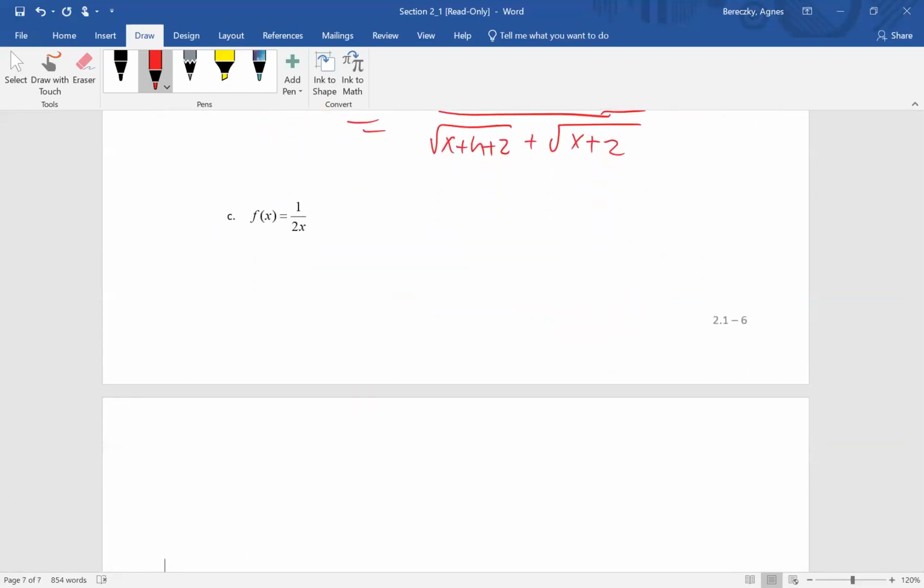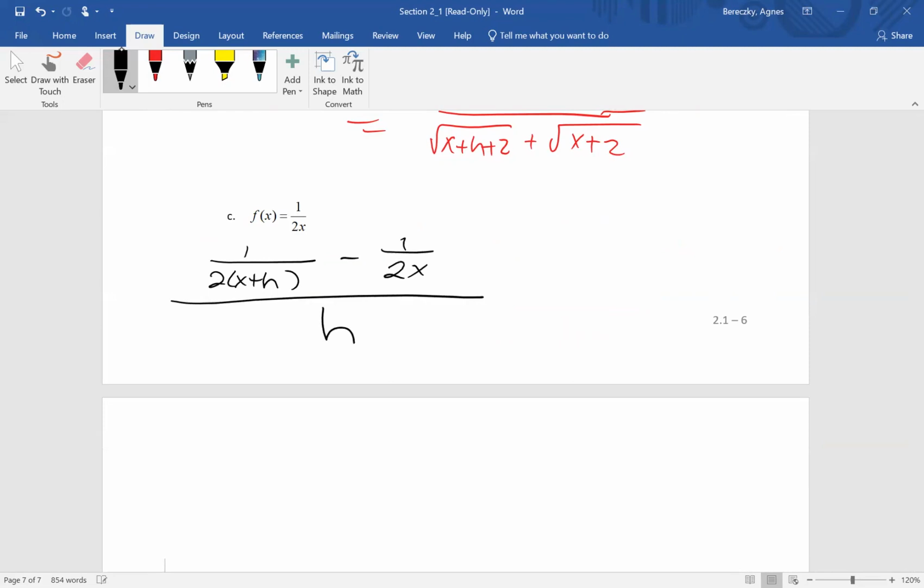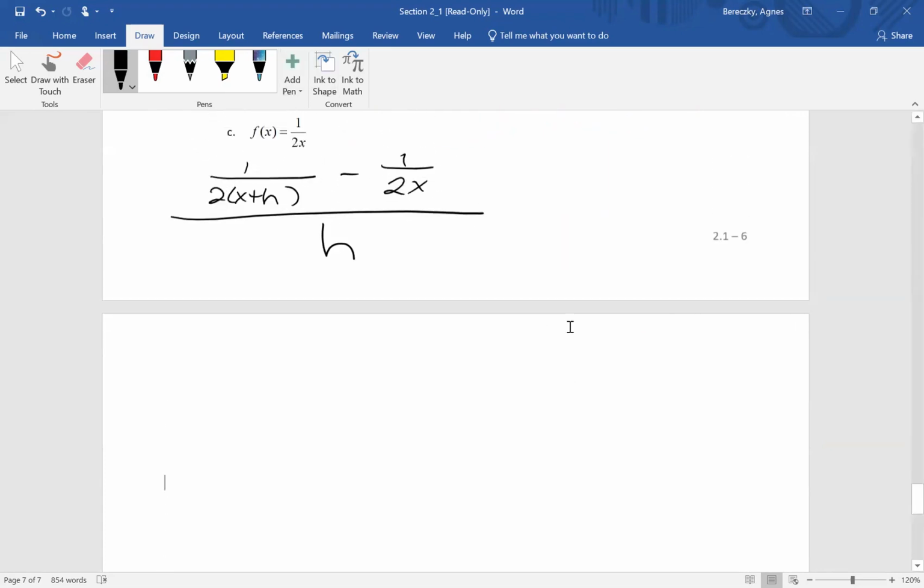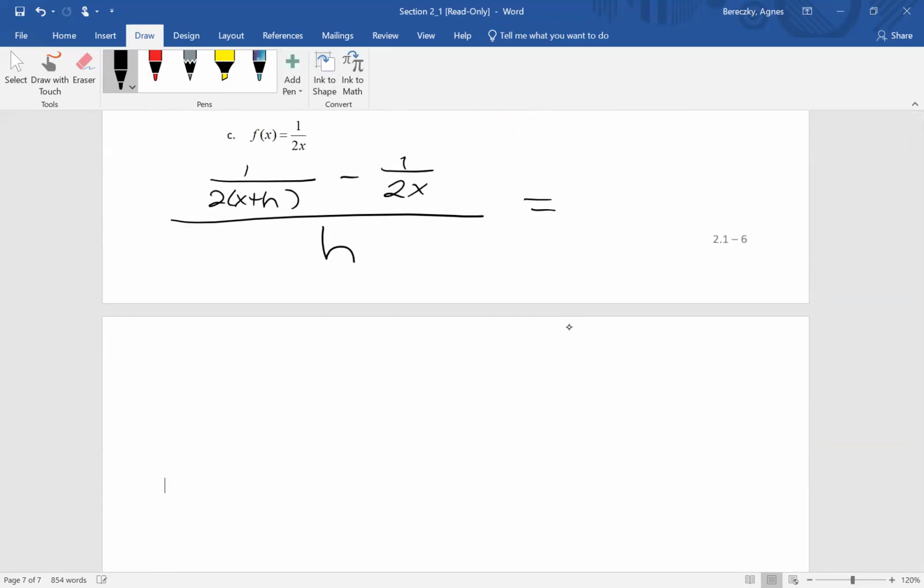Making a little more room. Lastly, again, this is a more challenging one where we have to plug in x plus h in place of x, all over h. So we'll continue on the next page.